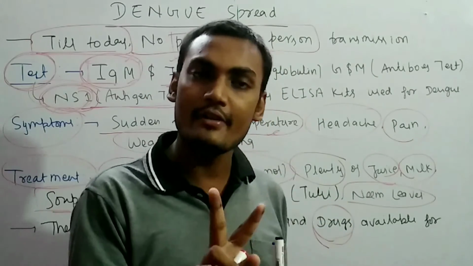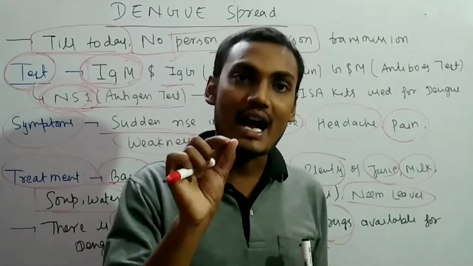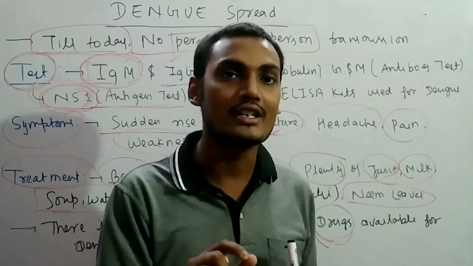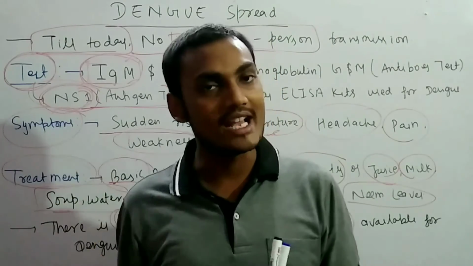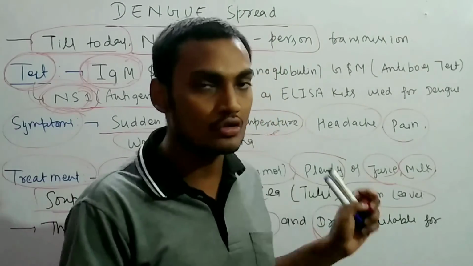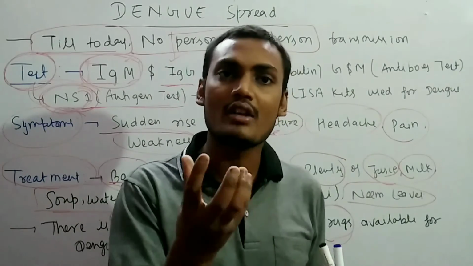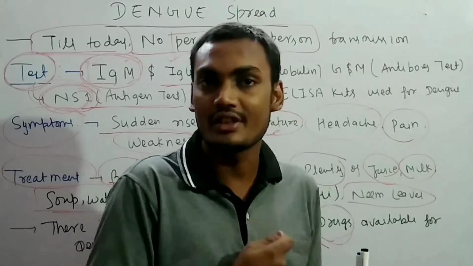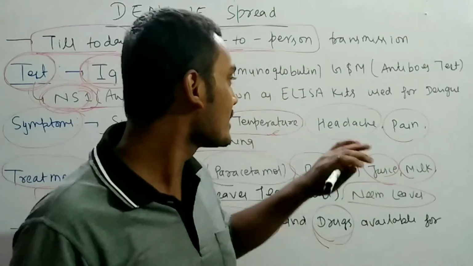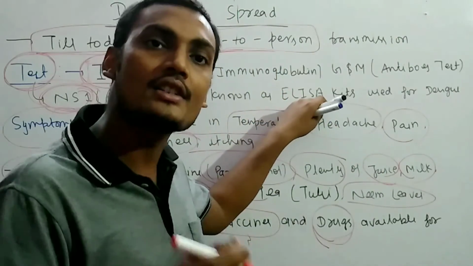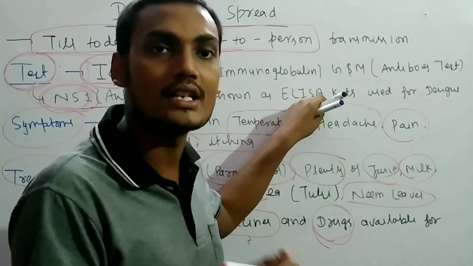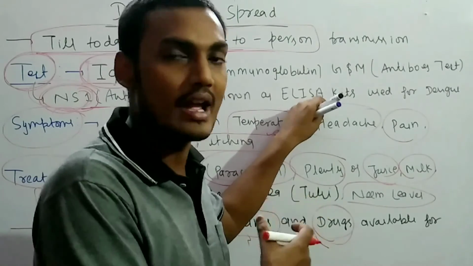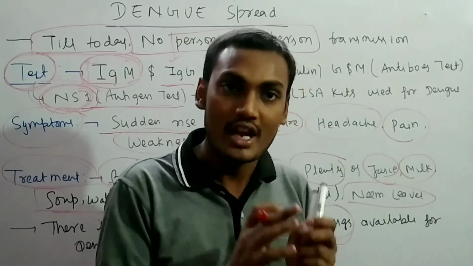There are two very important tests: IgM and IgG, which are antibody tests to find out dengue, and the NS1 test, which is the antigen test, also known as the ELISA kit. ELISA is a popular kit used to find infectious diseases in the body. This ELISA test detects any virus, parasite, or anything like that.